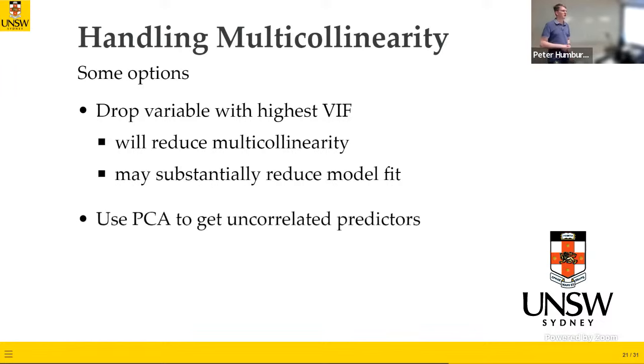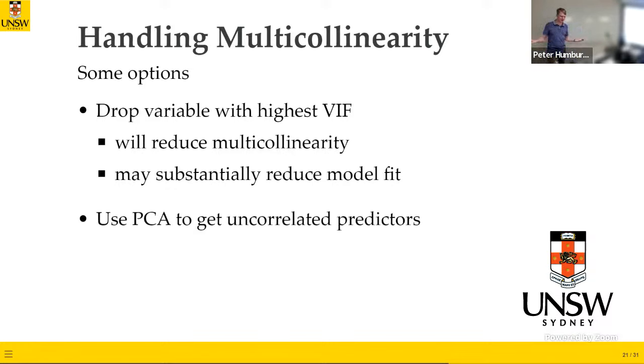Now you could say, well, yeah, my predictors, they are all kind of correlated and weird. I just want to make them independent of each other. I don't want them to be correlated, but I want to keep all the information, or as much of the information as I can. I'm going to do something like PCA. That will give me a new set of predictors, and those are guaranteed to be uncorrelated. That's great.